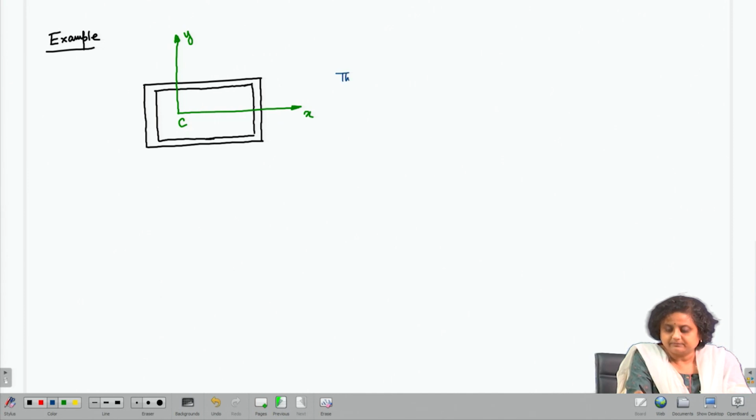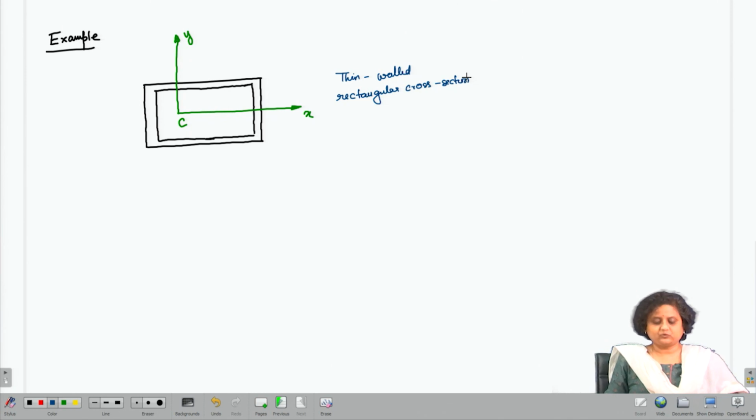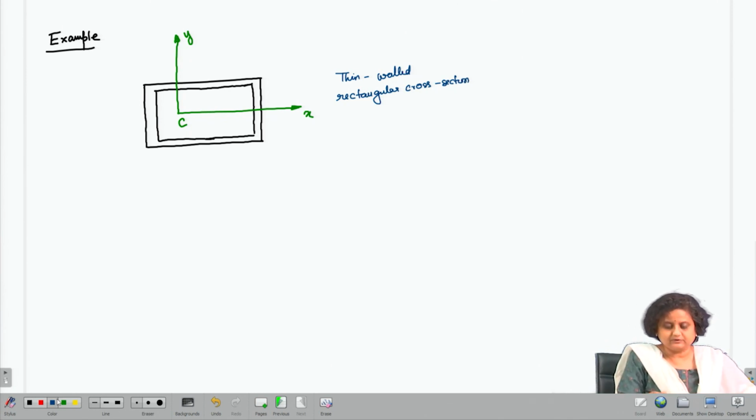So, the dimensions are given in this form.